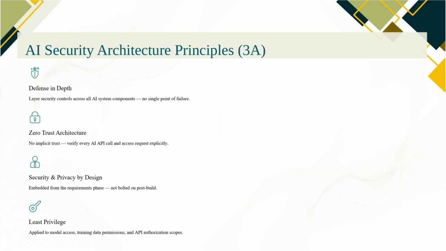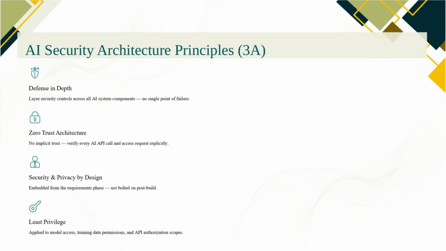4 principles anchor AI security architecture. Defense in depth means layering security controls across all components. Your AI system should not have a single point of failure or a single line of defense. Zero trust architecture means no implicit trust. Every API call, every access request, every service interaction must be verified before it's permitted.